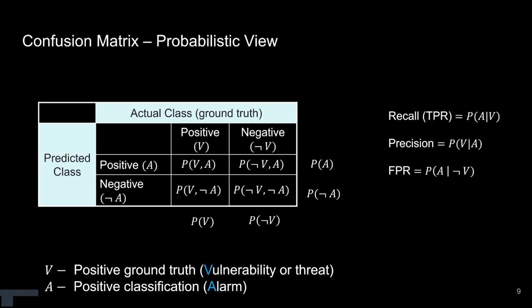You can see that recall and precision are reversed conditional probabilities, so they're related through Bayes rule, and you can have very high recall but still your precision could be very low. One reason is that your base rate may be very low, and that's called the base rate fallacy.